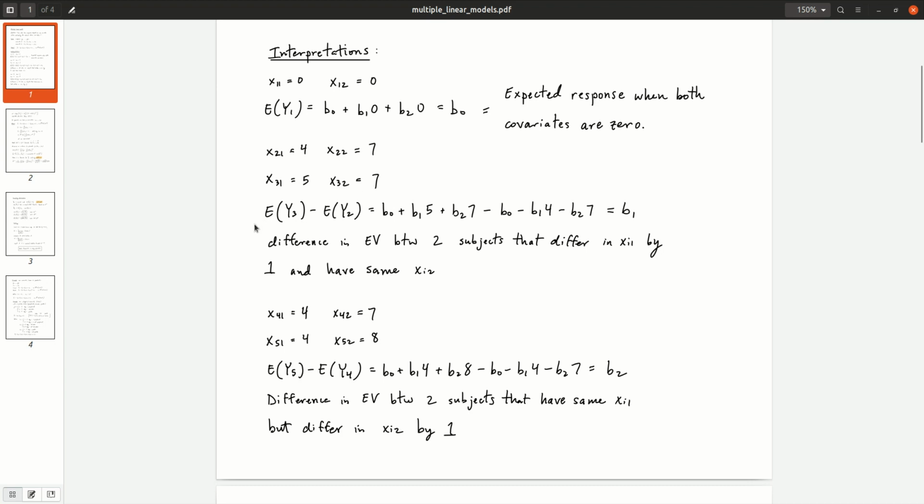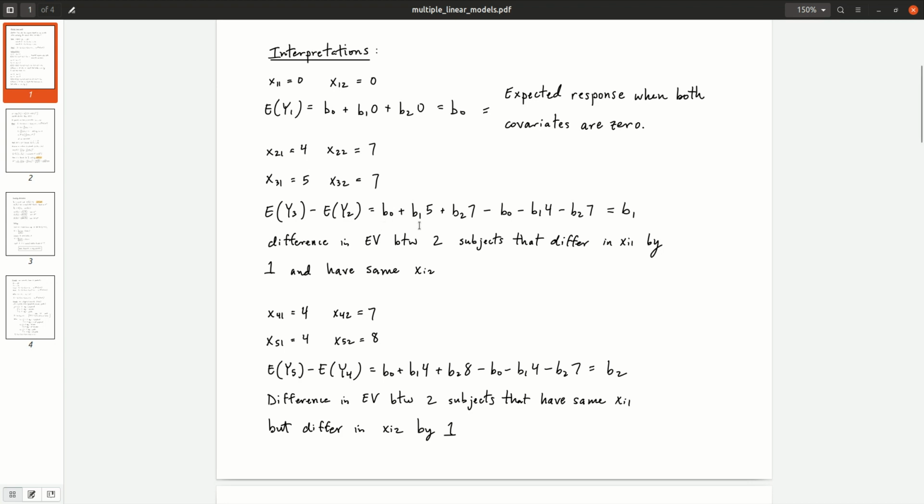So what we're going to do is, instead of looking at individual values of expected values, we're going to look at differences in expected values. This is going to be a common tactic for generating interpretations of parameters. So let's look at this difference: the third subject expected value minus the second subject expected value.